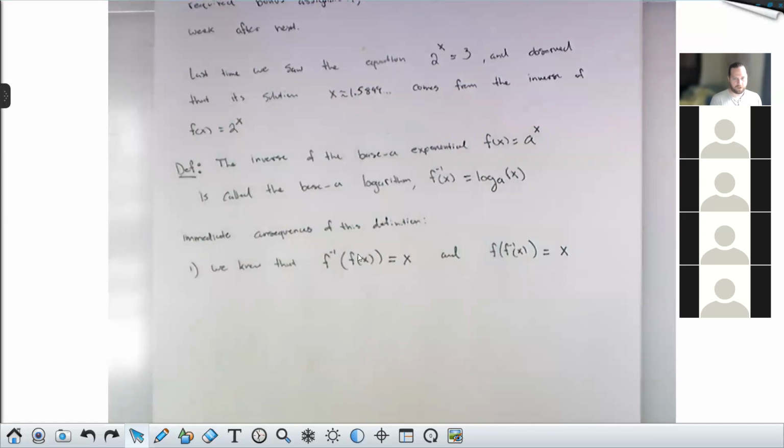So if you take some number x, do the original function to it, then do the inverse to that, these guys undo each other. So you just get back whatever you started with, which is x. And the same thing's true in the other order. If you take some number and you do the inverse function to that number, then you do f to that thing, again, these guys exactly undo one another. So you should get out precisely what you started with.